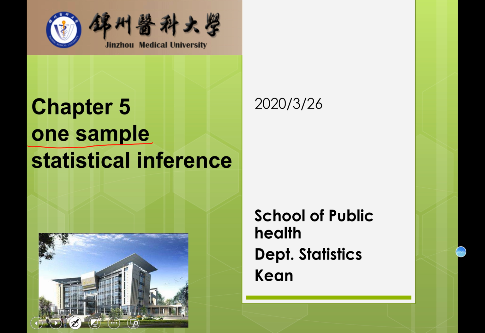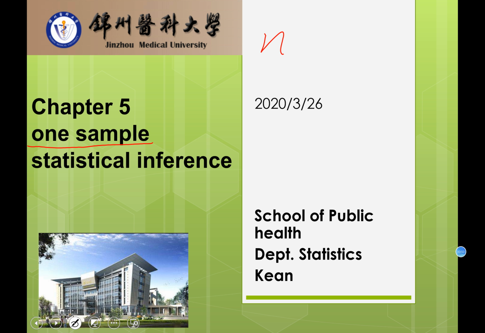So how can we know how many samples are in a question? We can use the sample size, the little n. If we can find only one number of little n, that means there must be only one sample.